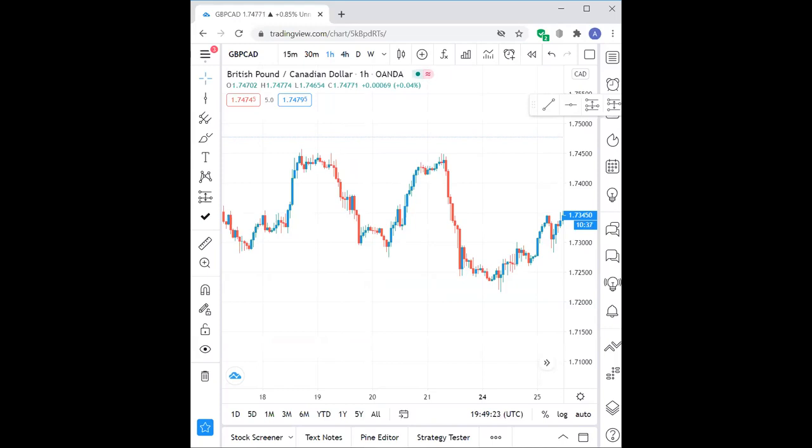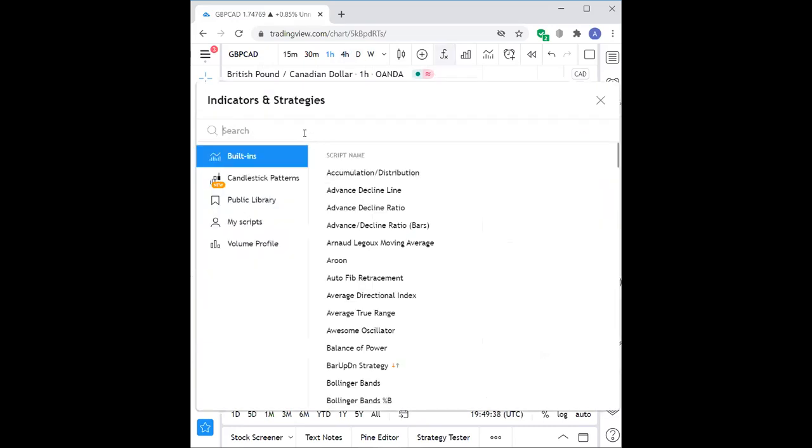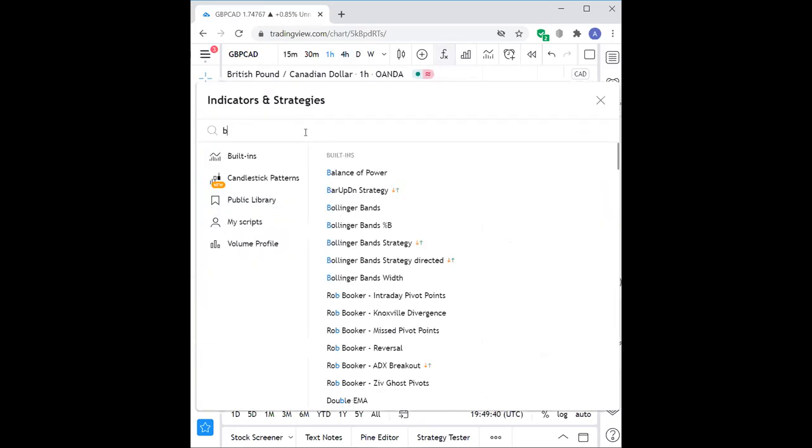Then our third lagging indicator is the Bollinger Bands. The Bollinger Band tool is a lagging indicator as it is based on a 20-day simple moving average and two outer lines. So how does it look?